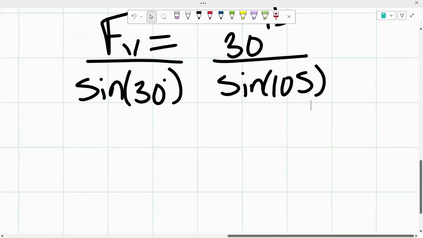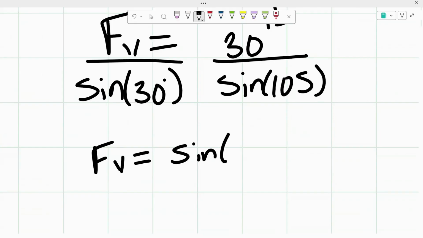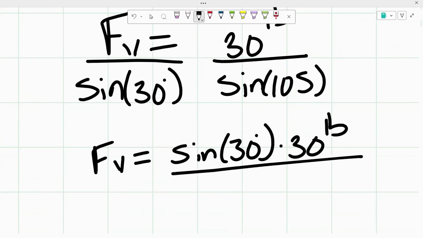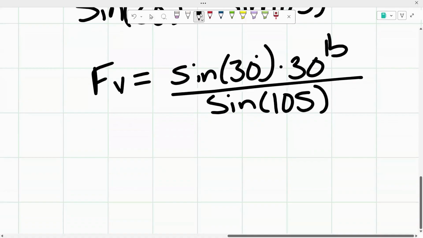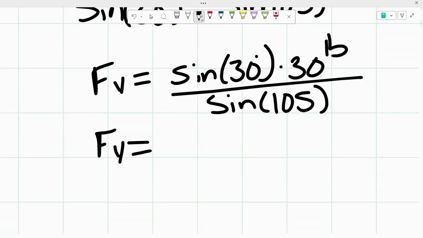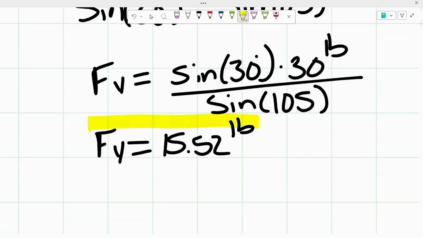And again, we're simply going to solve for F of v. So we have sine of 30 times 30 pounds all over sine of 105. We plug that into our calculator, which should be in degrees, and that should give us 15.52 pounds. And that is the magnitude of our v component.